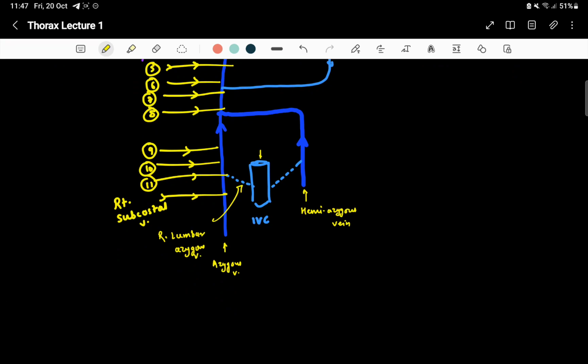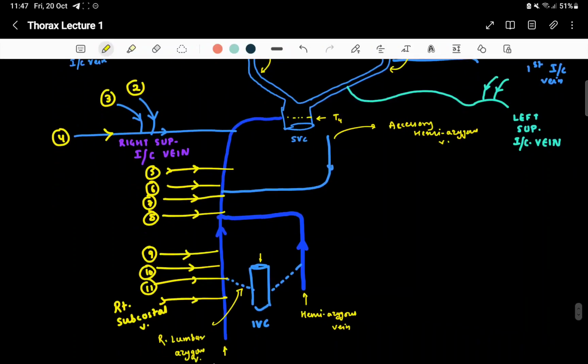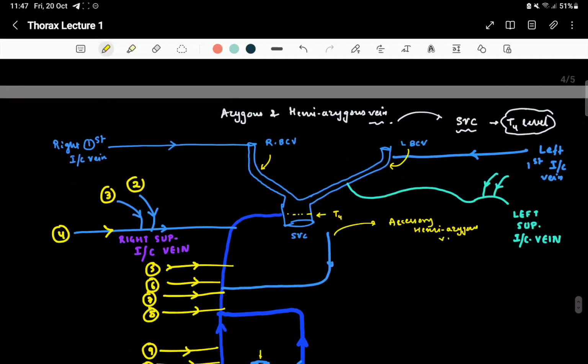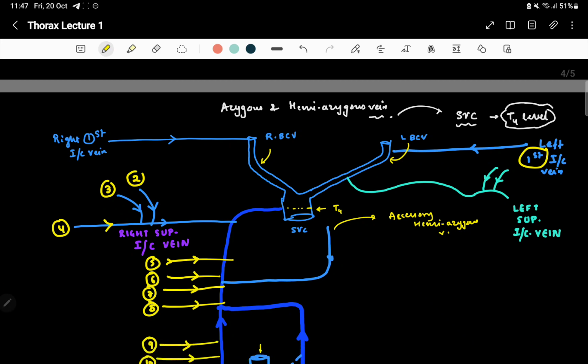Understood? After this, let's go to the left side. On the left side, the first one drains to the left brachiocephalic vein. The second one will drain into your left superior intercostal vein, which drains into your left brachiocephalic and finally into your superior vena cava.